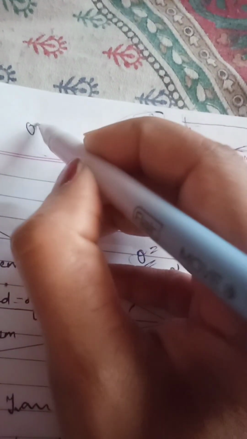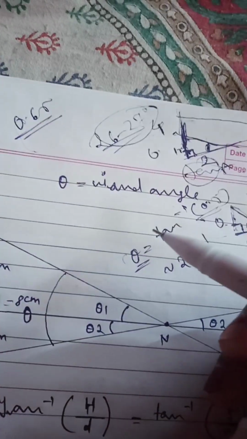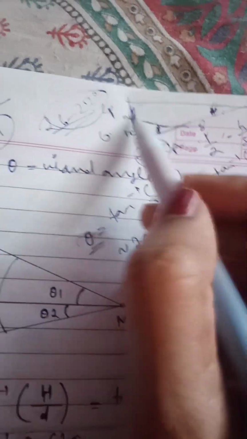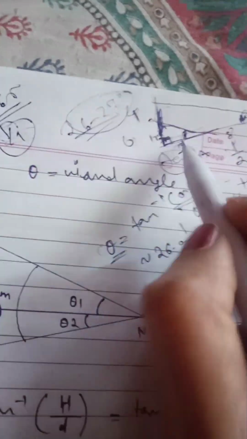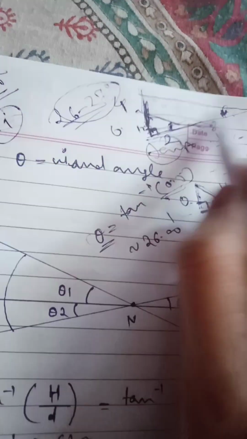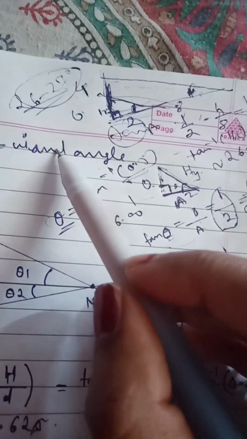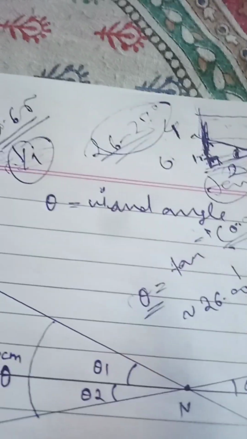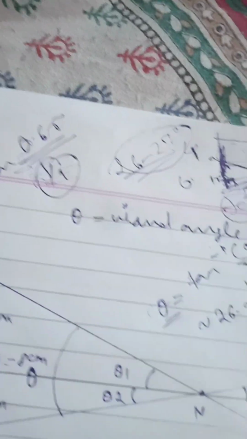So for 0.65 also there will be some ratio, or 1 by 1 is also going to be a ratio. Tan inverse of 1 by 1 equals what, you'll have to see that. For example, for a ratio of 0.6 it's almost 29, so 0.5 must be around 27, 28.